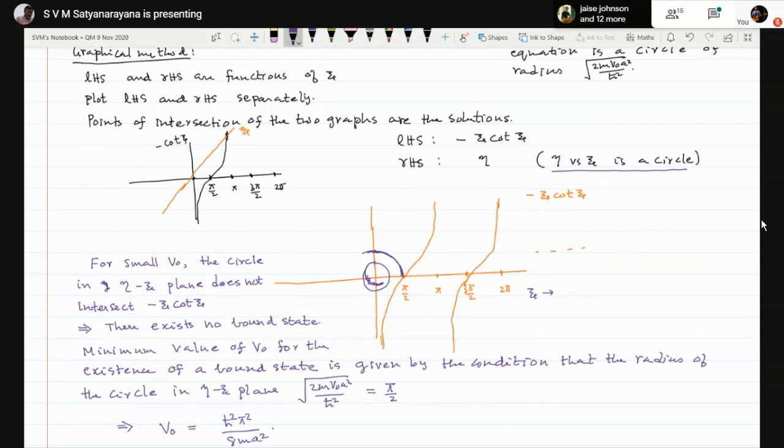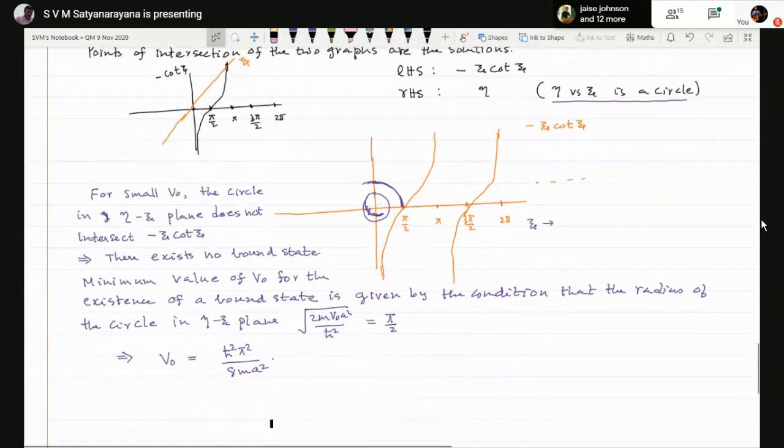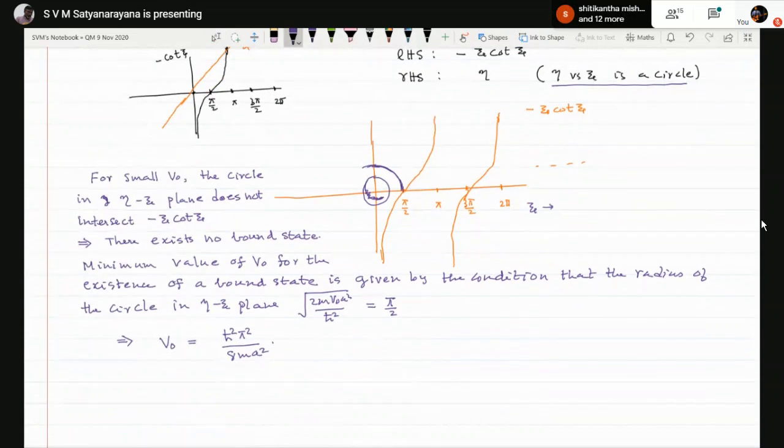Okay, so you can see that a bound state exists for V naught greater than h bar square pi square by 8m a square.